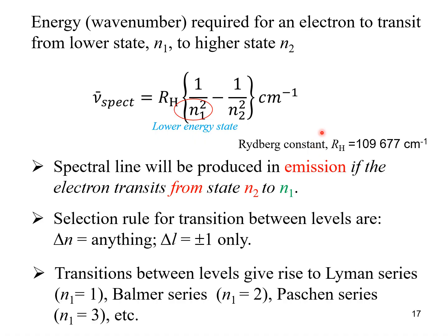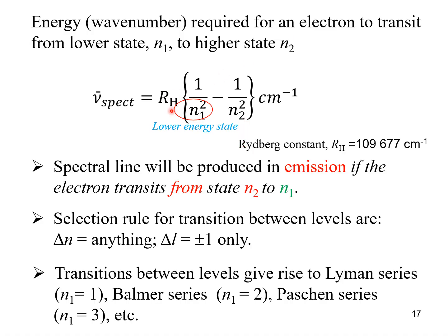The frequencies of the lines observed in the spectrum can be determined using the equation given here, where the n value is the value of the energy state, n1 is the lower energy state, and n2 is the higher energy state.